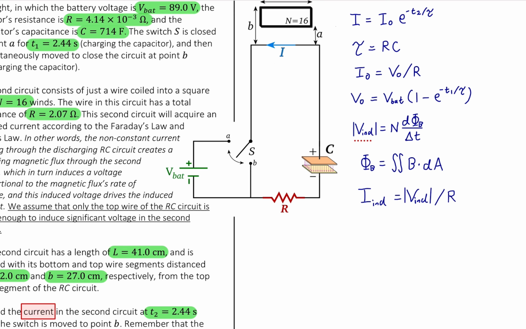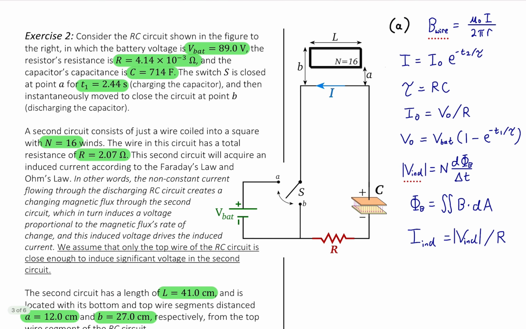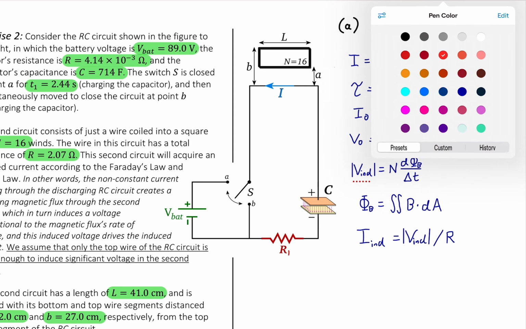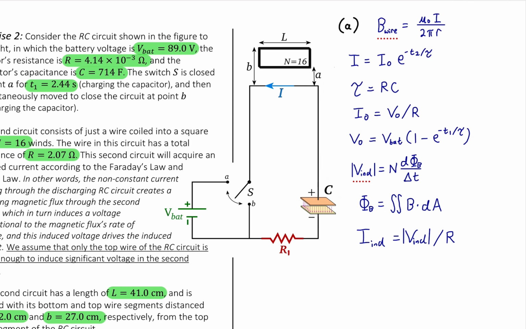All right, so let's go ahead. It looks like I don't specify between the two R's. So let's call this one R1. That's the resistor in the RC circuit. And with that notation, I will call the internal resistance, which comes from all the wires, R2, in the inductive circuit.